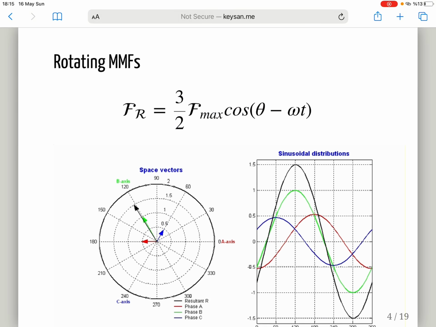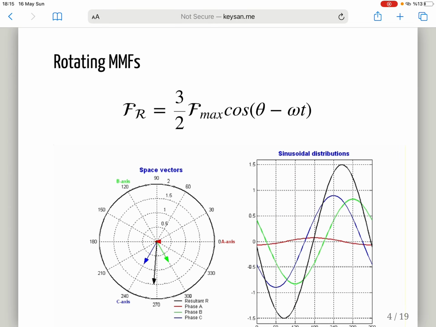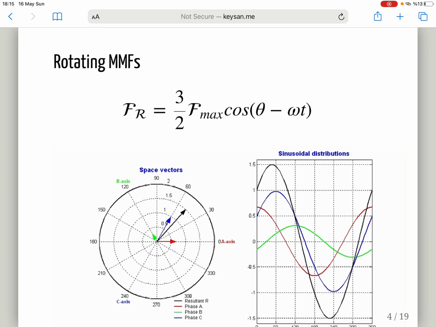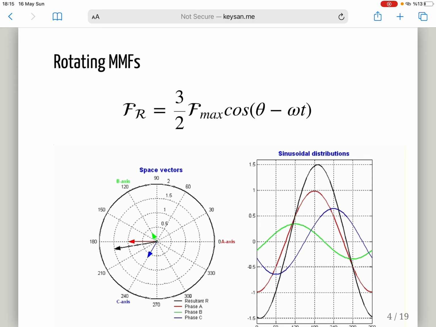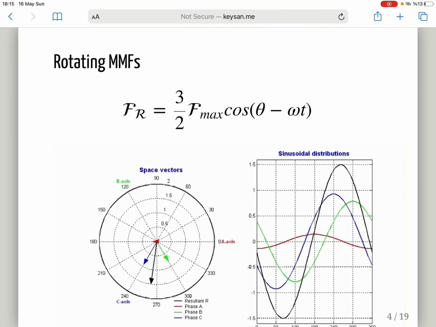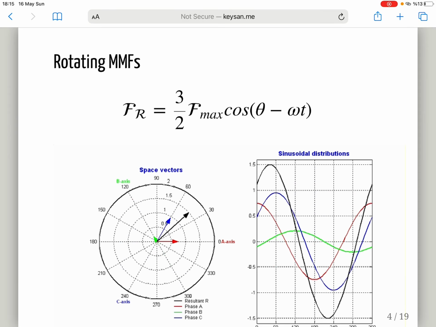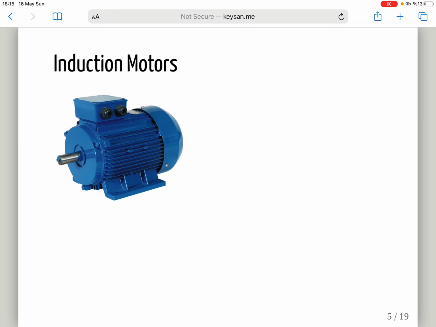At the end of the day, we have the rotating MMF generated by a 3-phase winding. That is exactly the same as the synchronous machine. The synchronous machine stator and the induction motor stator are exactly the same. So we have a rotating MMF. But in the rotor, they are quite different.